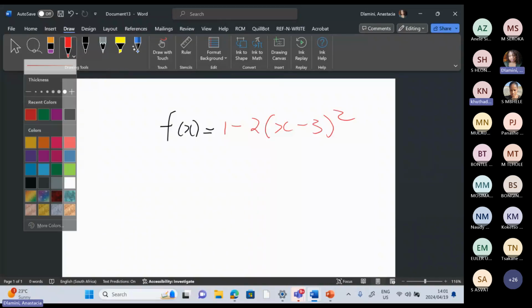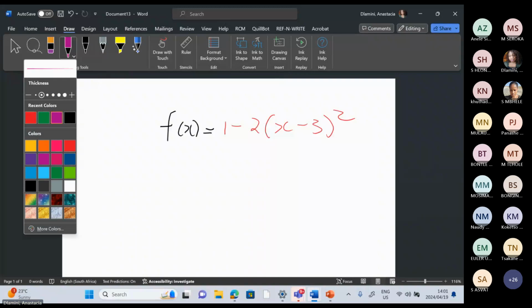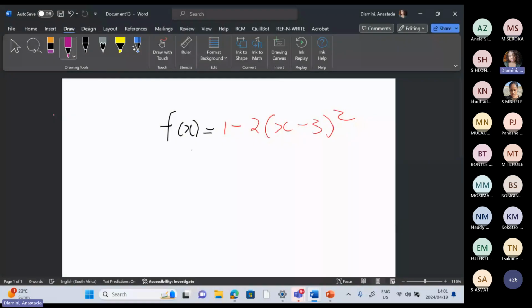Where do I start? We start with the parent function. We don't simplify anything. Let's call it so that is x squared, isn't it? Yes, x squared.